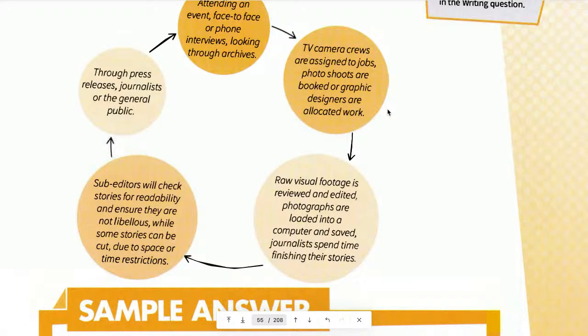In finance, if we say money is allocated somewhere, that means you invest money in different areas, in different businesses. Money allocation, for example. So here we are talking about graphic designers are allocated work. So graphic designers are given some particular work.